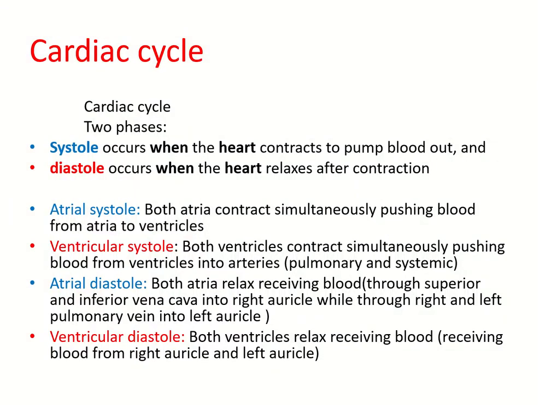Now the systole has been divided into two parts. The systole is either atrial or ventricular, meaning either the blood is pushed by the atrium or by the ventricle. When the blood is pushed by the atrium, both the right and left atria contract at the same time, pushing the blood from atrium to ventricle, that is atrial systole.